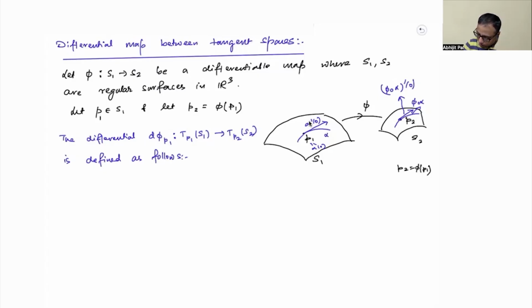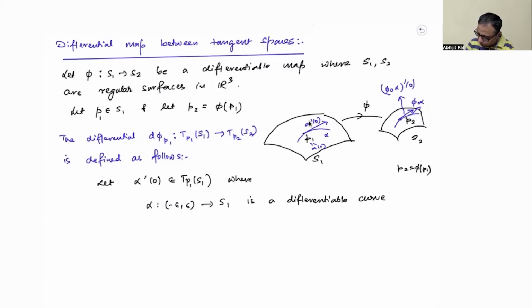So alpha prime 0 belongs to T P1 S1, where this alpha is a differentiable curve such that alpha of 0 is equal to P1.